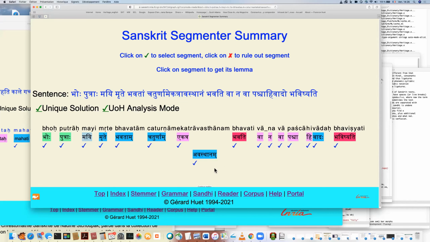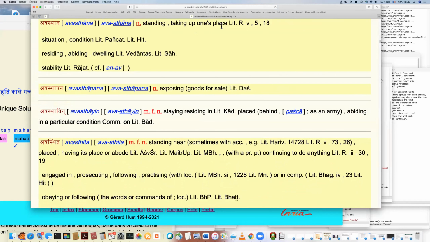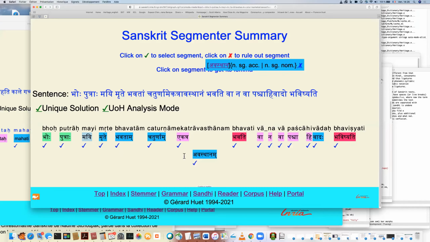So this is kind of a complicated word, avasthanam. If you click on avasthanam, you get standing, taking up one's place, situation, condition. So it's their condition. So here, this is a way of saying, ekatra is in one way, so it's built on eka, which is one, with the suffix tra, which makes an adverb.